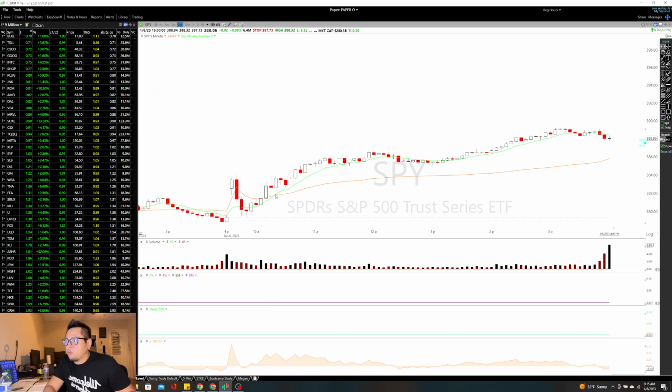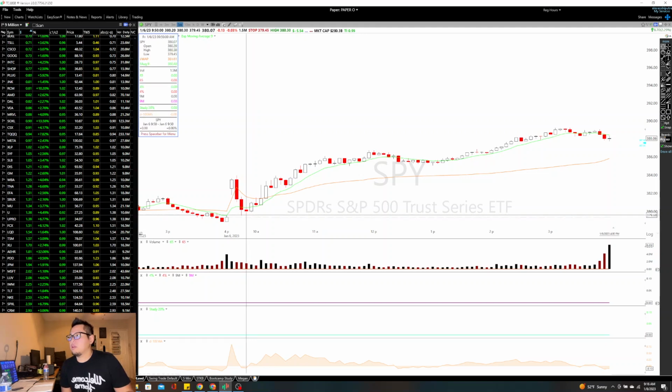So if you're a trader that believes in this strategy, this candle is likely the range that you enter in. And then from a risk management perspective, you can set your stop loss likely at the low of day, which would be around here, at 379.45.